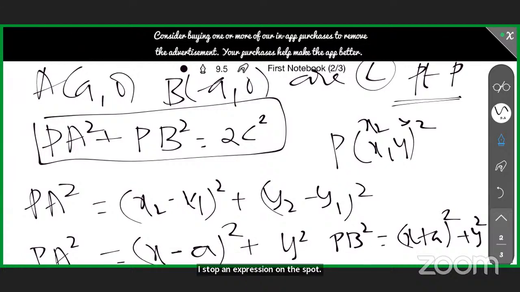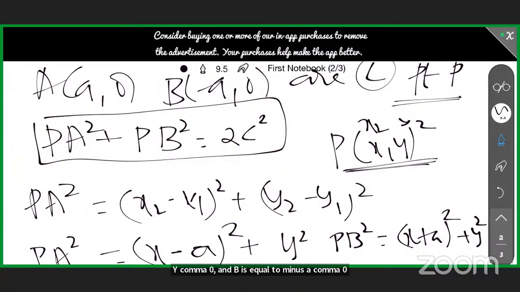So now A and B are given, with the condition that PA square plus PB square is equal to 2c square. So the point (x, y) is my locus of point. We have to find, using this given criteria, the equation for P, the point (x, y). I am taking the point A as (a, 0) and B as (minus a, 0).